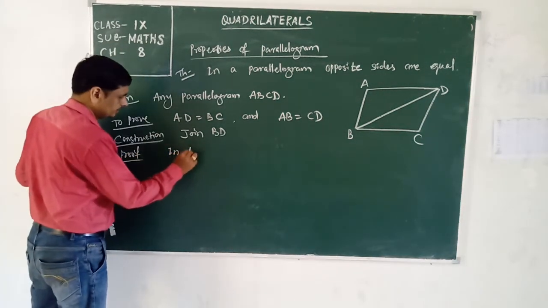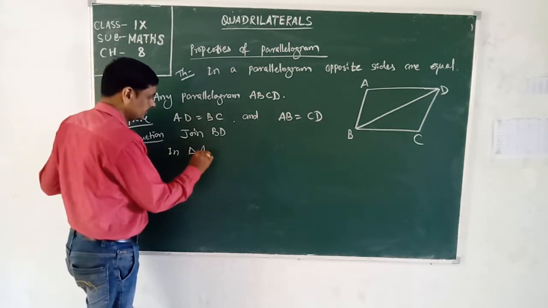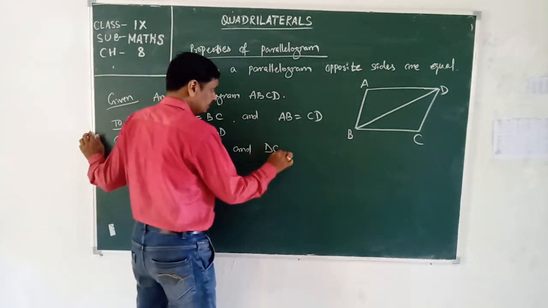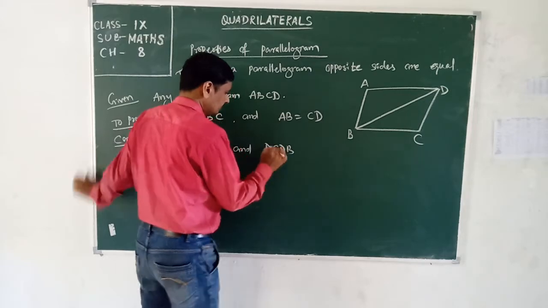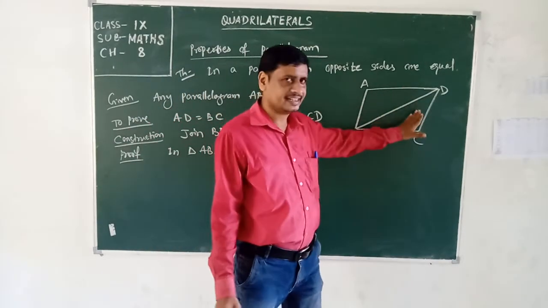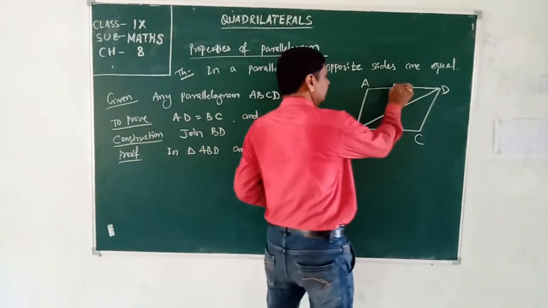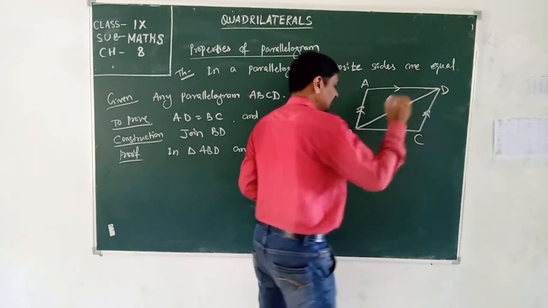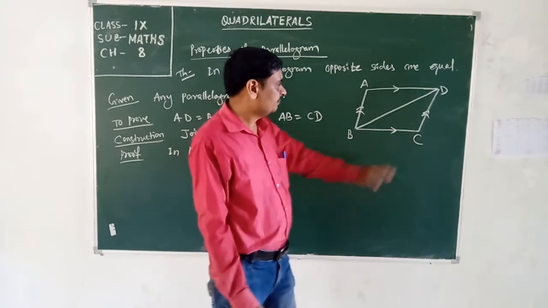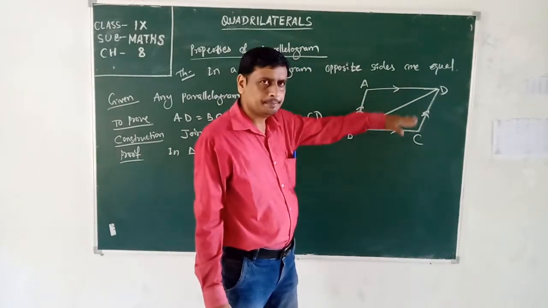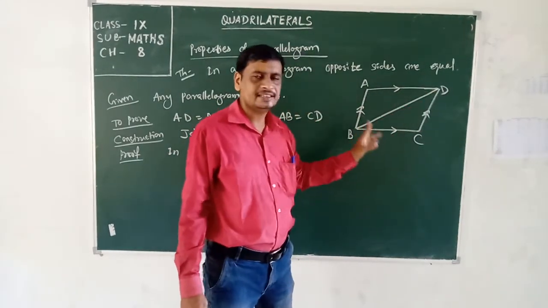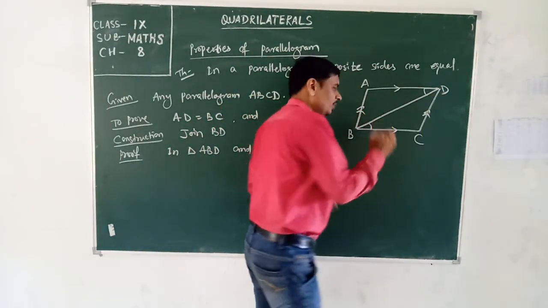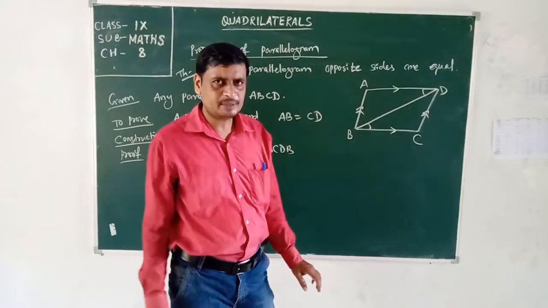In triangle ABD and triangle CDB, these two sides are parallel and these two sides are also parallel. If we take these two sides as parallel and BD as the transversal, then these two angles will be equal by the alternate angles property.